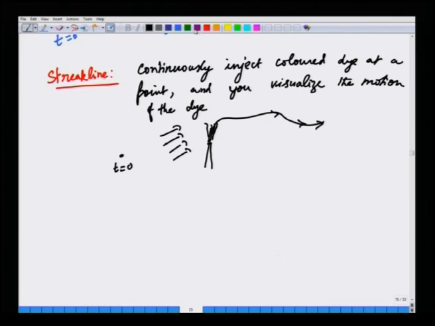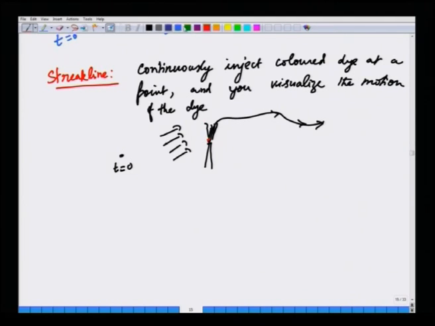This again has Eulerian information, because you are basically worrying about stuff being introduced at a point, but various particles will come and keep occupying that point. So, this has in some sense Eulerian information.